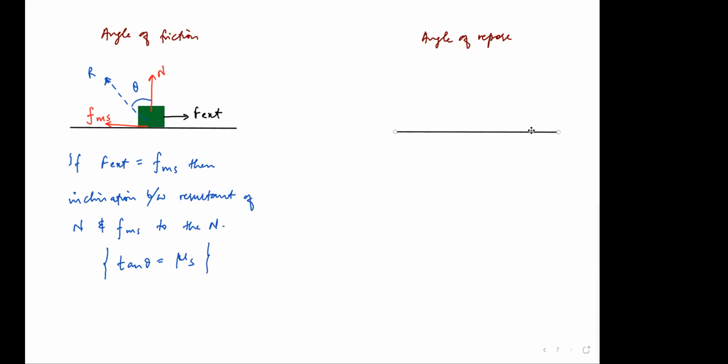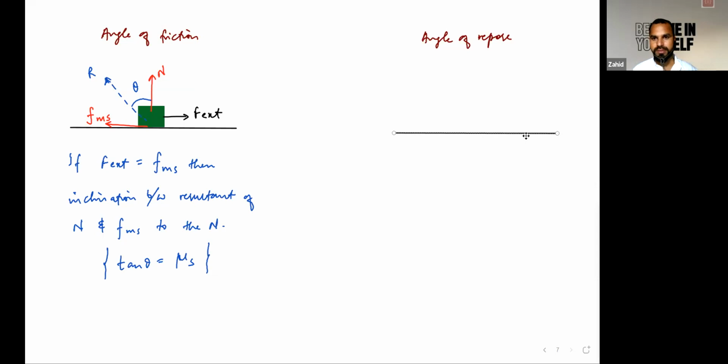Okay. Now suppose we have a plane surface and there is a block placed on it, having mass m, and you start raising this particular plane to some angle with respect to horizontal. Let's say it will be at this instant, after some time it will be at this instant, and last, maximum after some time.